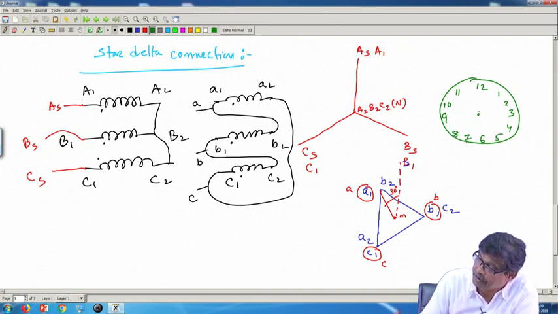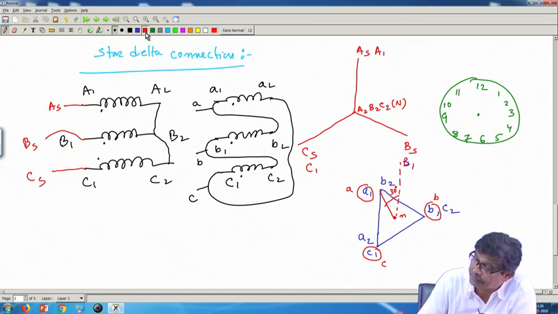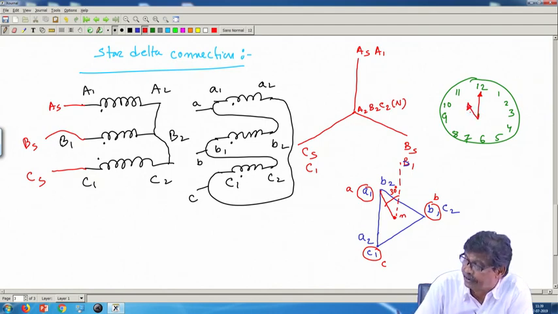So, the primary voltage with the minute hand I will always show. So, that was this, and the secondary voltage, the A phase voltage with respect to neutral, is now ahead of this. So, it must be shown here, this is the secondary voltage and this is 30 degrees.